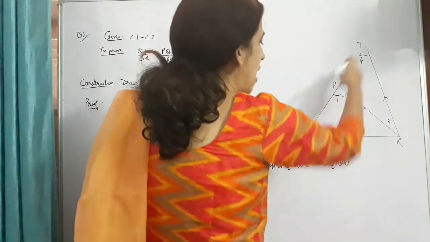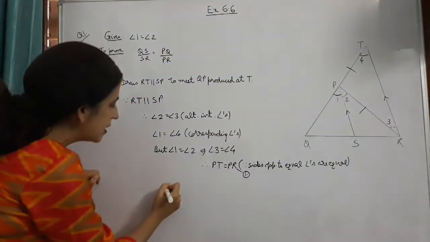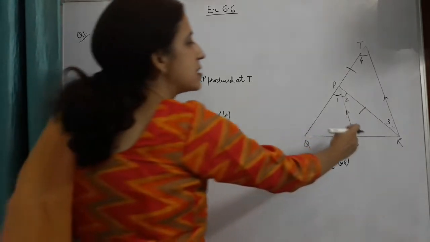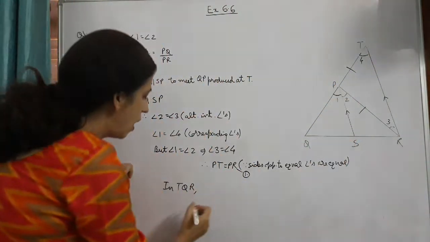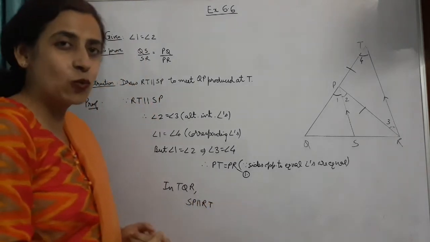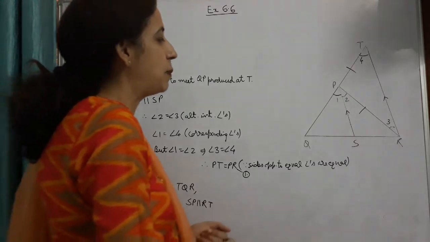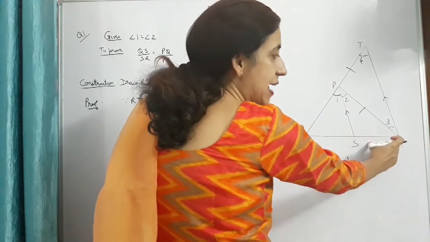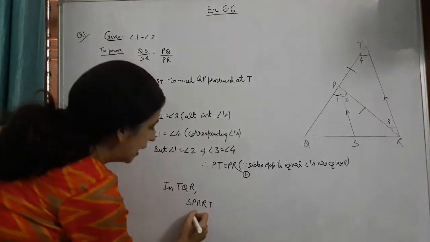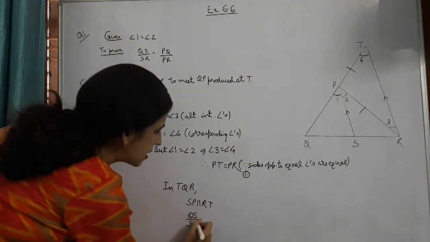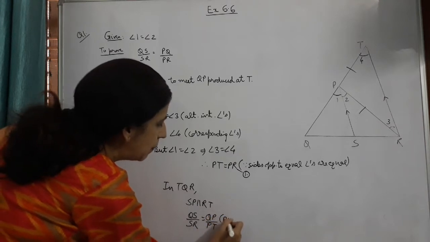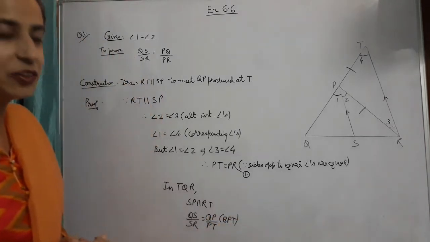Now we take this big triangle TQR, and in this big triangle TQR we see that there are two parallel lines. SP is parallel to RT. So we can apply BPT. On applying BPT we obtain QS by SR is equal to QP by PT by basic proportionality theorem.